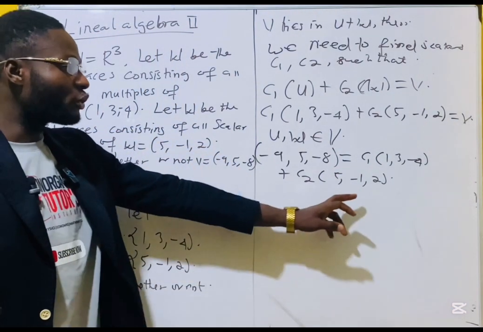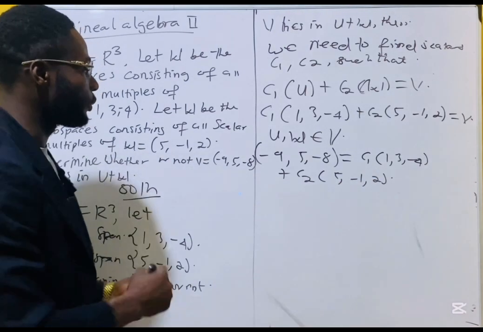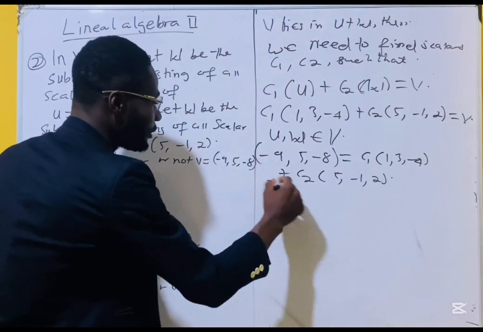So we are going to use a matrix to find the scalars C1 and C2. We represent this in matrix form.